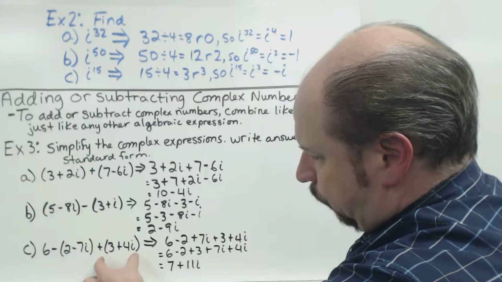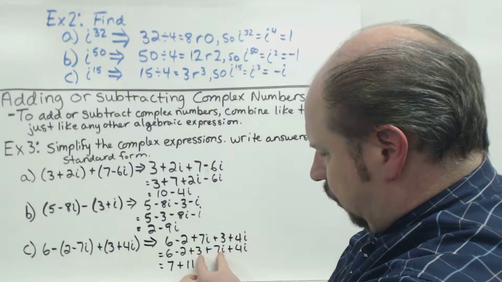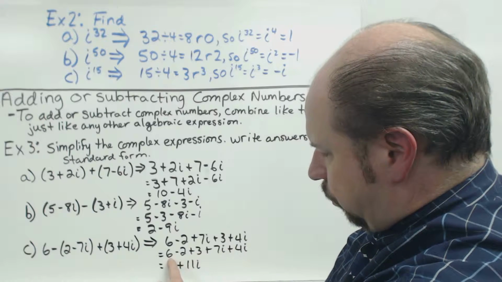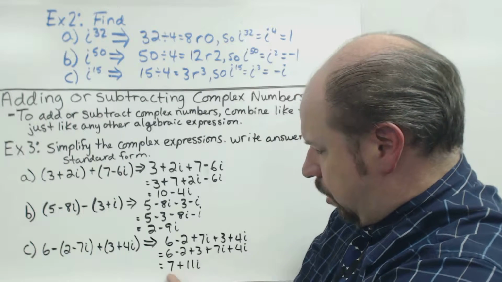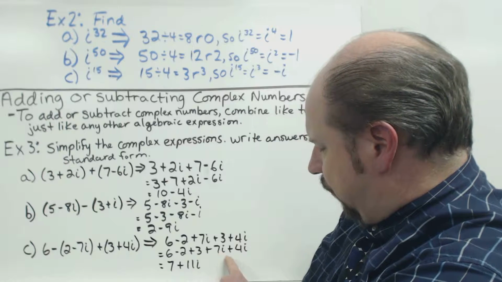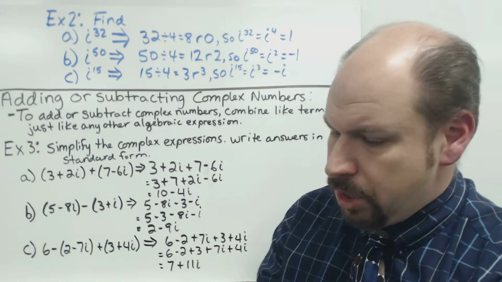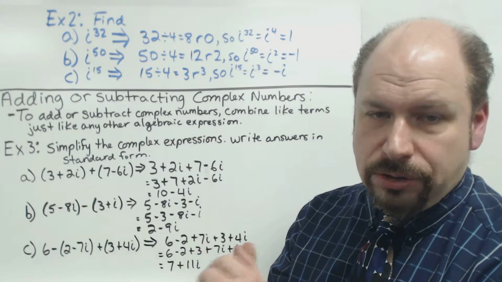And then we can just drop the parentheses here, plus 3 plus 4i. And now, once again, I'm just going to switch the order of some things here. So we have 6 - 2 + 3, plus 7i plus 4i. So 6 minus 2 is 4, plus 3 is 7. 7i plus 4i is 11i. So it really is just as easy as combining like terms, just like any other algebraic expression.